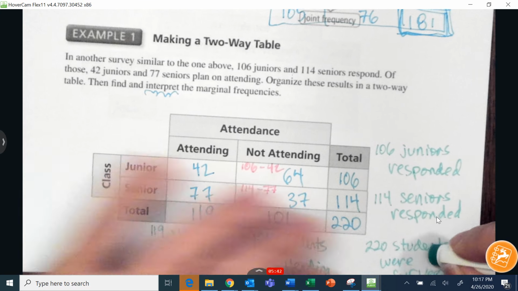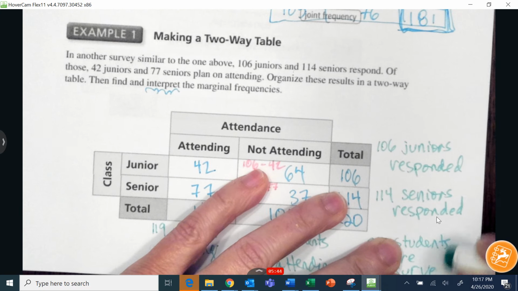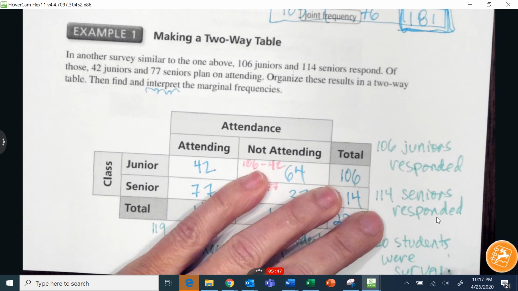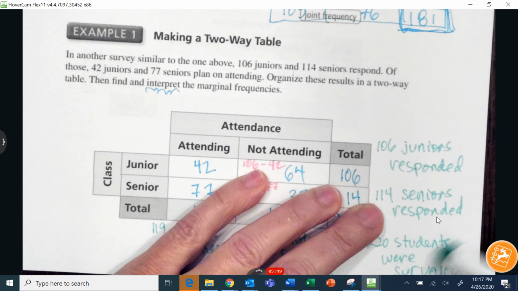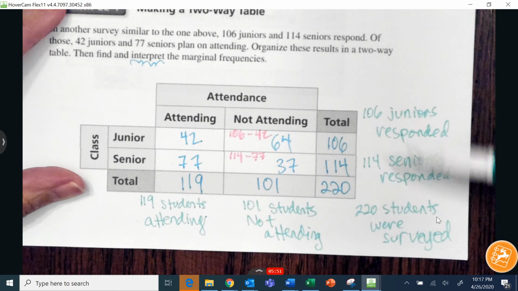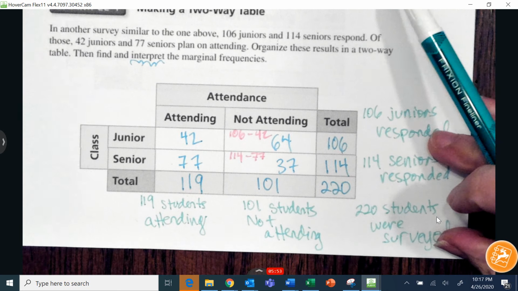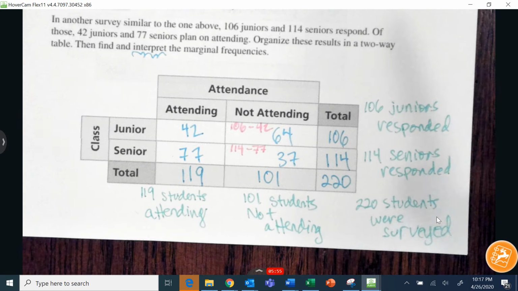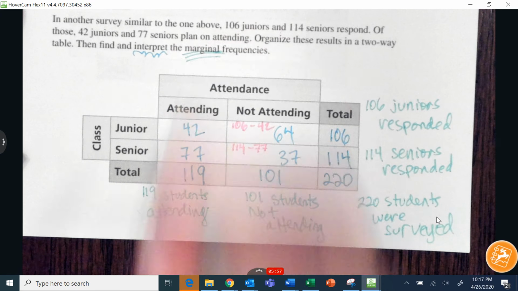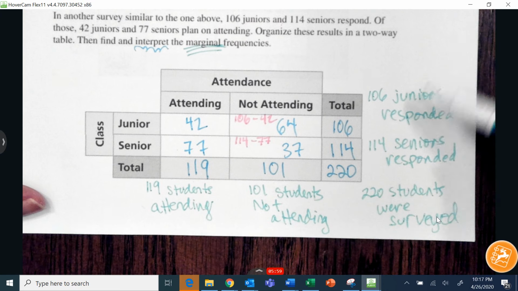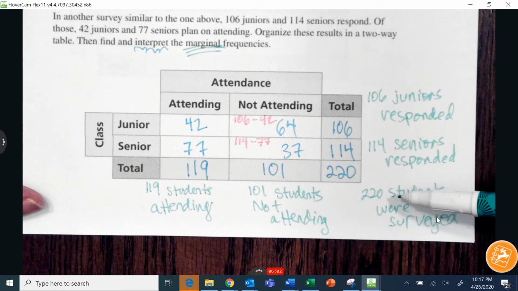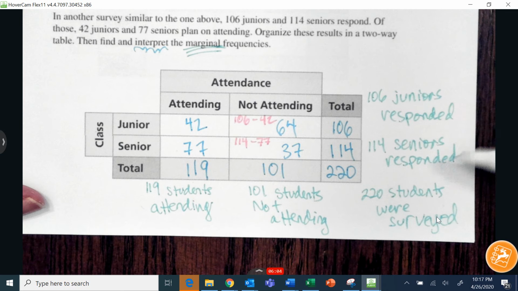I did not spell that right. Surveyed. Okay. So everything that I wrote in green, that is the marginal frequencies and interpreting those marginal frequencies. The numbers would be the frequencies, and then the words would be that interpretation.